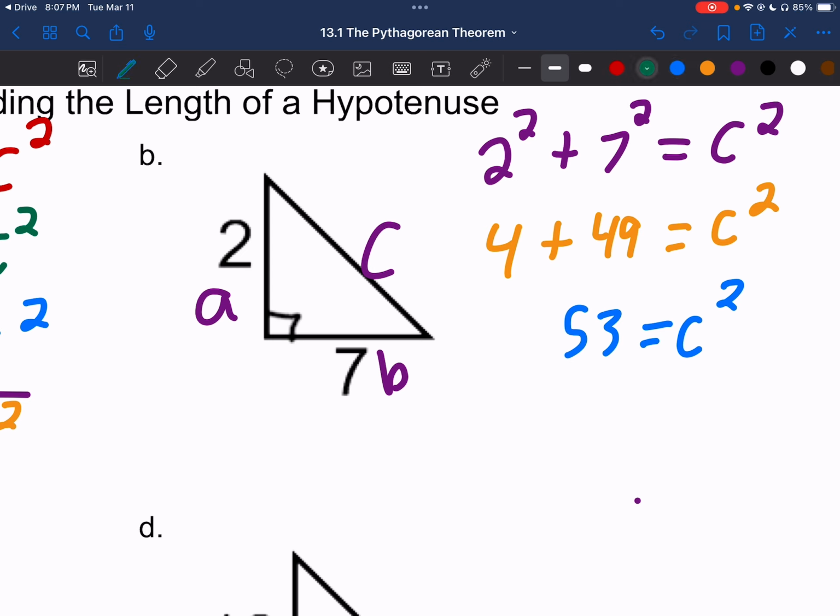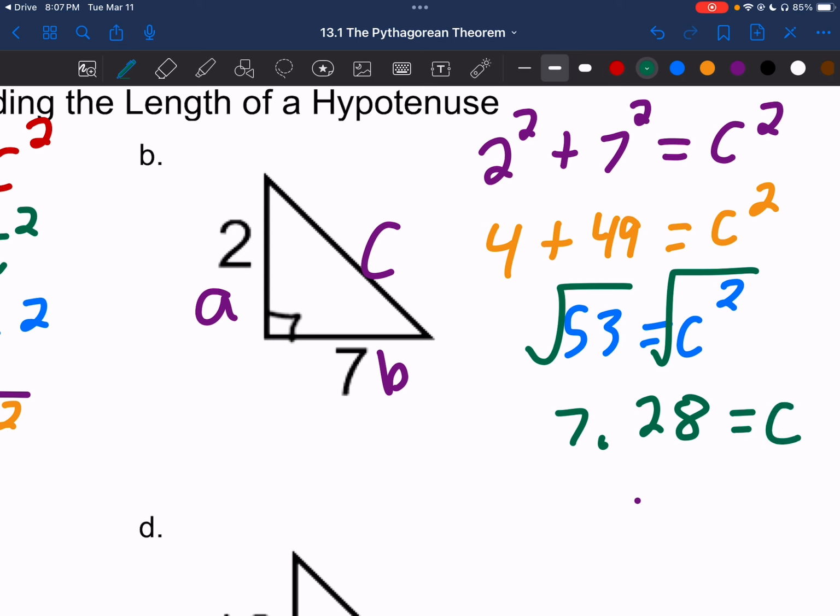You will need to use your calculator on this. So when we take the square root of 53, it is going to be about 7.28, approximately equal to c. We'll use the squiggle equal sign because we are rounding here.